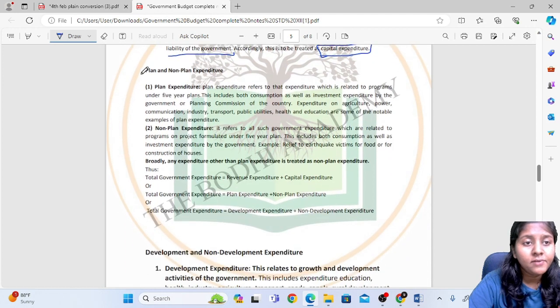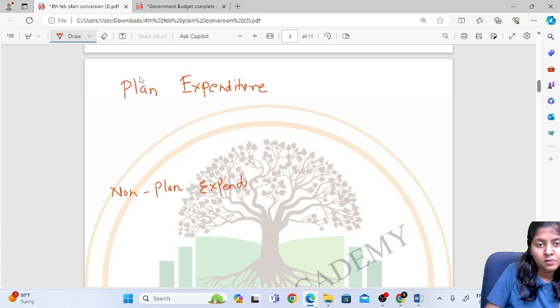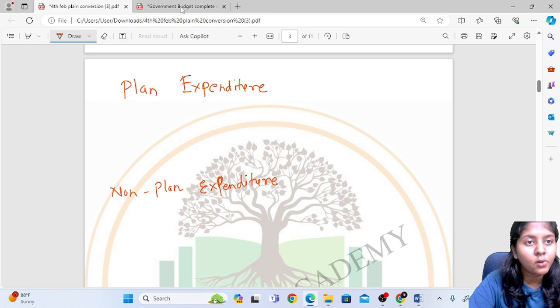Then we have to focus on plan and non-plan expenditure of the government. Plan expenditure and non-plan expenditure.